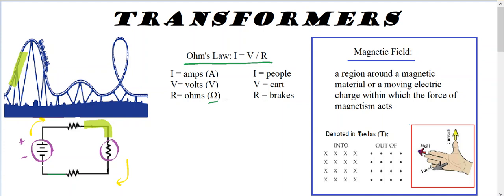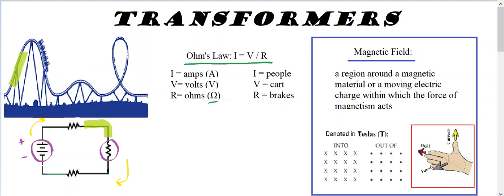Voltage is kind of what pushes the current through the wire. So we'll make the analogy that the carts on the roller coaster is the voltage carrying the people. Each individual person is an individual charged particle, running through the track or through the wire. And if you've ever been on a roller coaster, you know that after you make a big drop, there's usually some brakes, so we'll call the resistors the brakes. Okay?